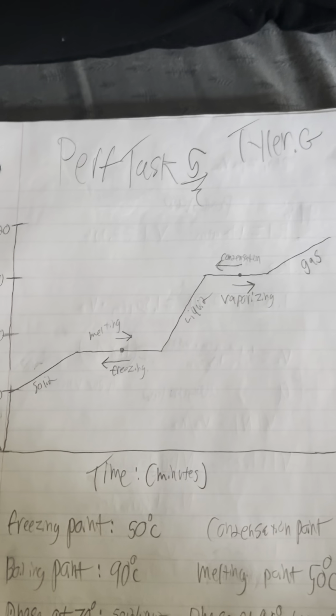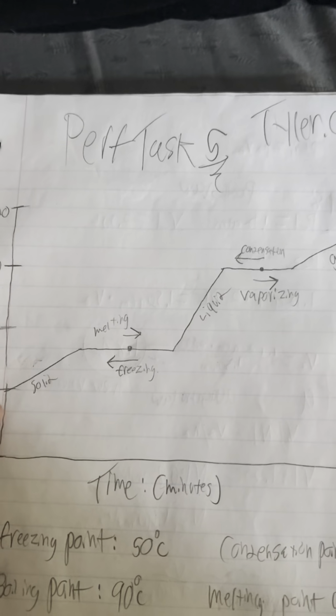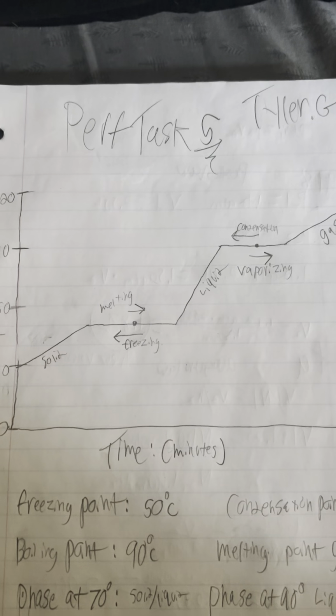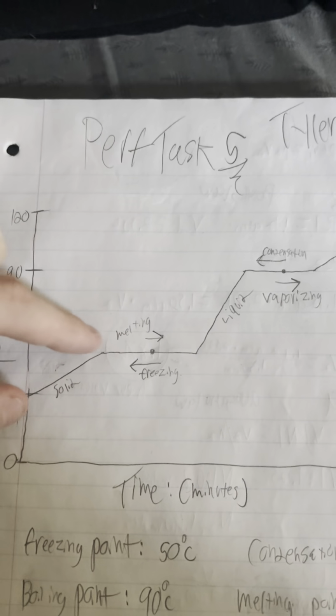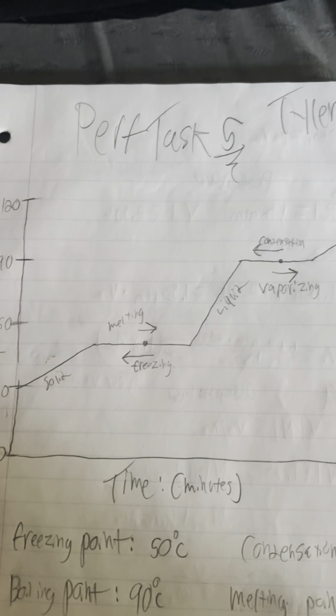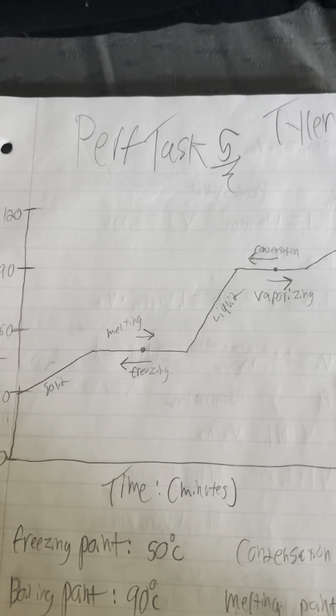Looking at the heating curve, we can just base it off of knowledge. The first little rising point would be where a solid is. That's how I started this. I saw that's where the mystery substance is a solid.